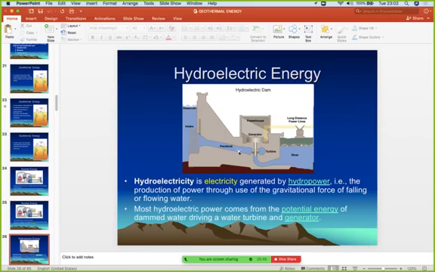At the downstream we have the turbine. No? The turbine is also a rotating blade. So when it rotates, of course, what will happen? It will create the spinning of the generator. No? Of course, it's a winding motor.